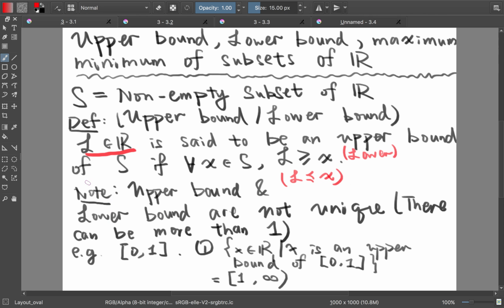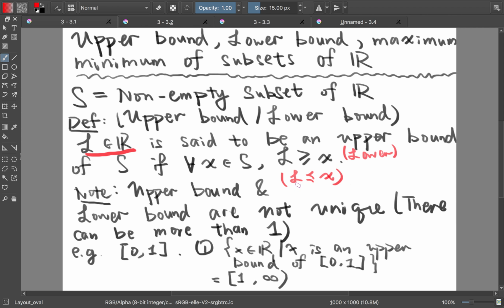Well, there is something you have to note. First of all, the upper bound and the lower bound are not unique. That means there can be more than one upper bound or lower bound for the same set. So let's do an example.